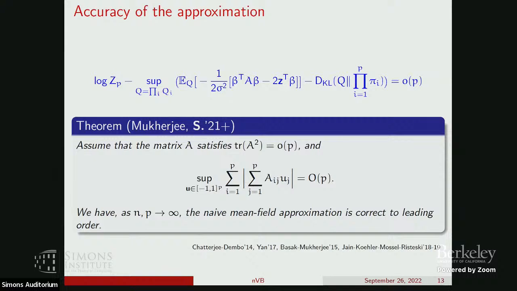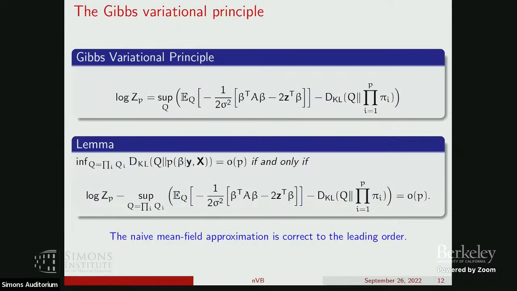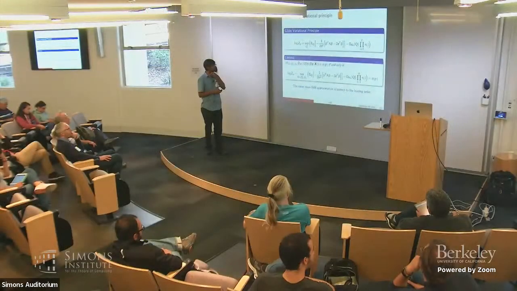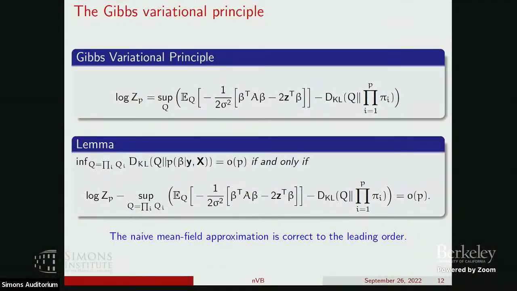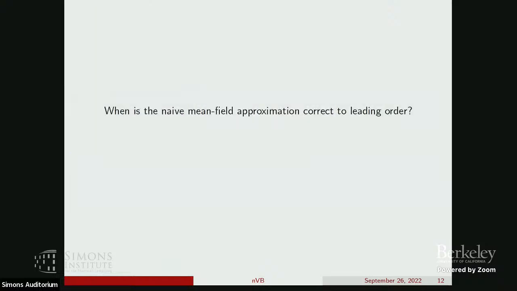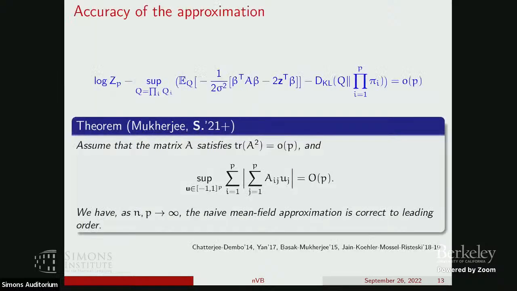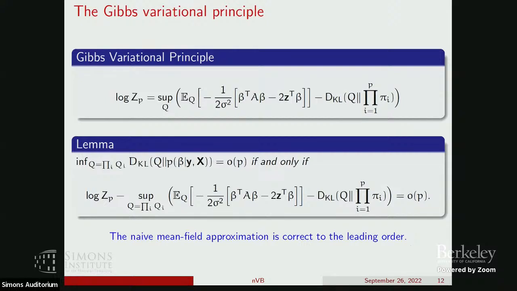Can you go back to this? In the lemma you have this KL divergence condition, and in your latest theorem you prove something else, trace of A squared is little o of P. Is it related? Yes, I'm exactly proving this, from this rephrasing.